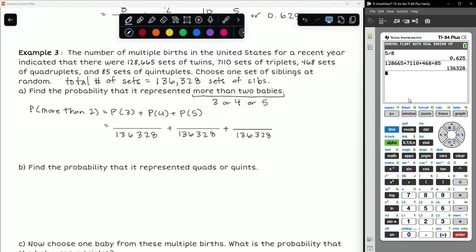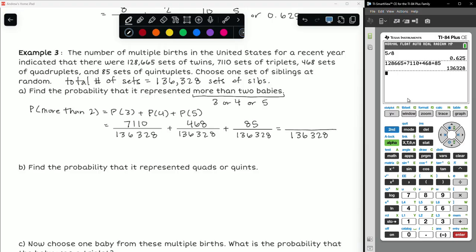And then for the numerators, for triplets, 7,110, quadruplets, 468, and quintuplets is 85. So we're going to add those.